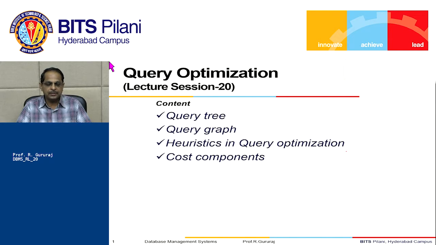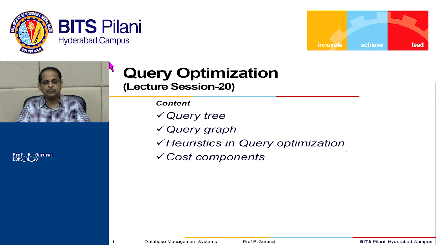Once tokenization is done, parsing will be carried out to check the syntactical correctness of the query. Once it is done, validation is done, where a check for identifying the valid relation names and the attribute names that appear in the query will be conducted.